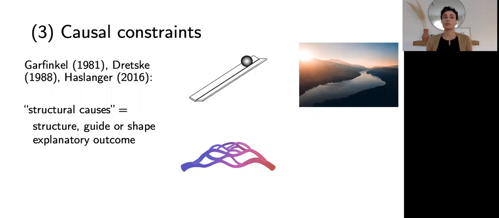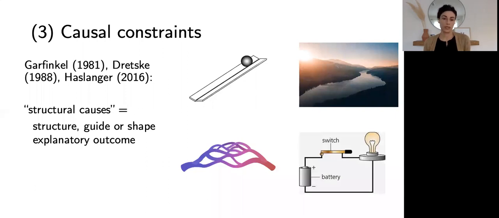There is a very similar ordinary life example that is discussed by Dretske, which involves a switch connected to a light bulb via a circuit. In this case, the circuit is our structuring cause because it's going to constrain and limit the flow of electricity in a particular system.